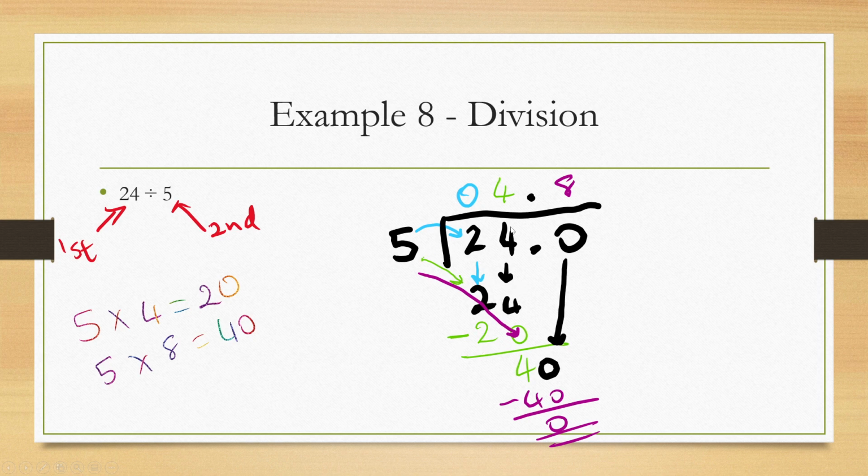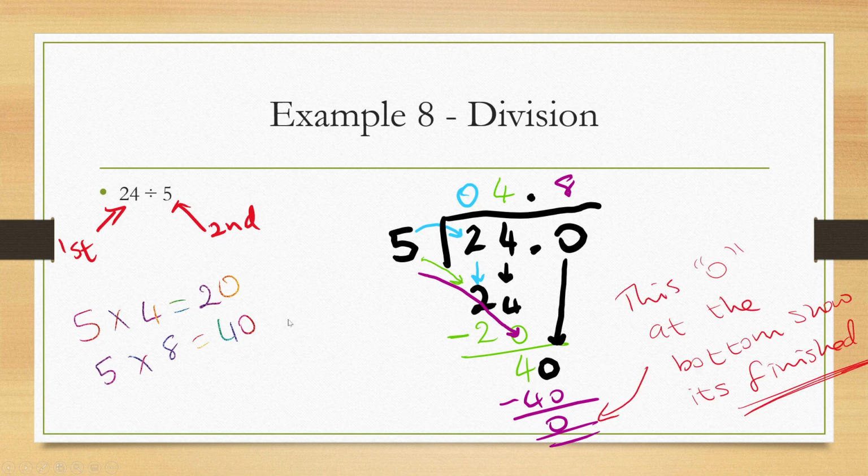So you put the 8 here, and then you do minus 40, and then you do the subtraction, and then it's equal to 0. When it's equal to 0 at the bottom, we know this division is complete because there's nothing you can do anymore. Otherwise, it'll just be 0, 0, 0, 0, 0, and so on and so forth, and you don't need that many zeros. So from the 0, you know it's complete.